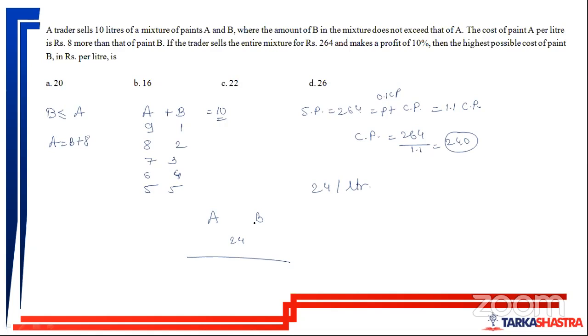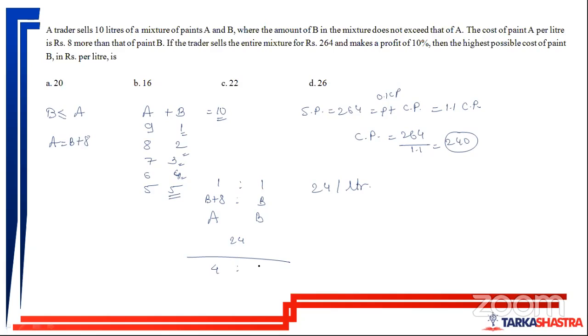To maximize the value of B, I have to maximize the amount of B in that mixture. For B to be 1 liter, 2 liters, 3 liters, 4 liters, I cannot get the maximum value of B at 24 rupees per liter, the value of the mixture. And if A is equal to B plus 8, this is possible only in the case of a 1 is to 1 ratio.